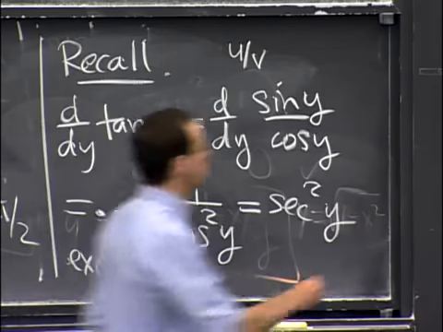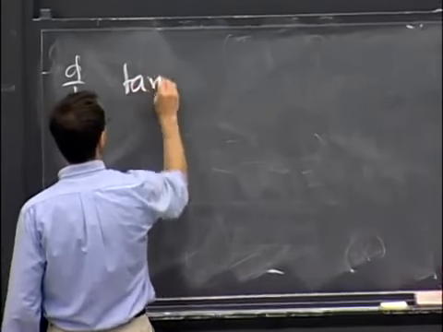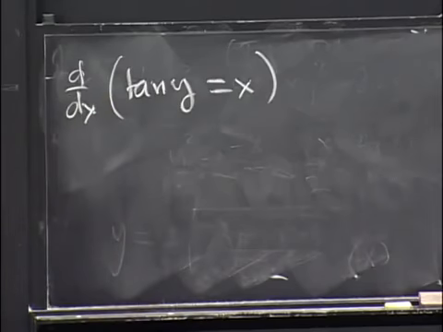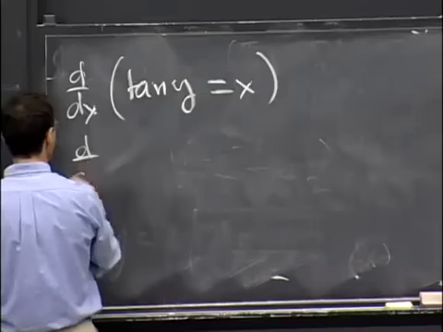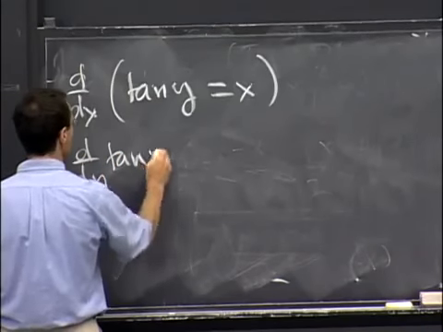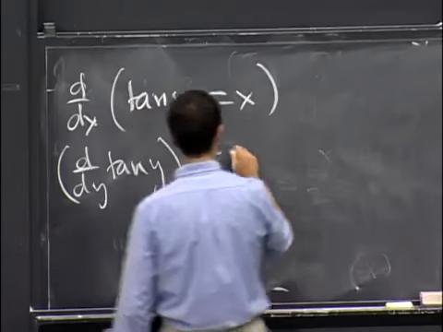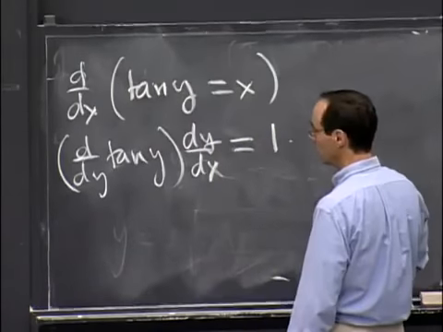And now we're just going to differentiate our equation. And what do we get? We get, again, d by dy tan y times dy dx is equal to 1.